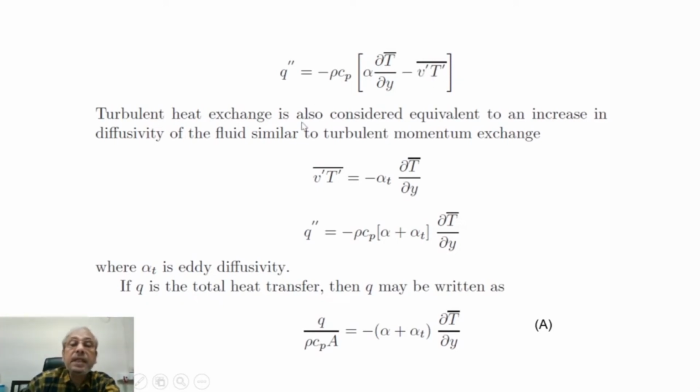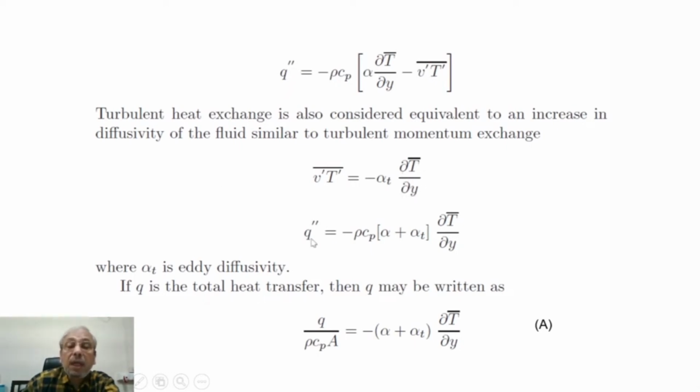Now, turbulent heat exchange is also considered equivalent to an increase in diffusivity of the fluid, similar to turbulent momentum exchange. The way we summarized turbulent momentum exchange, here also overbar v prime T prime can be expressed through gradient transport theory, and it can be written as minus alpha T, that is turbulent diffusivity, into del T bar del y.